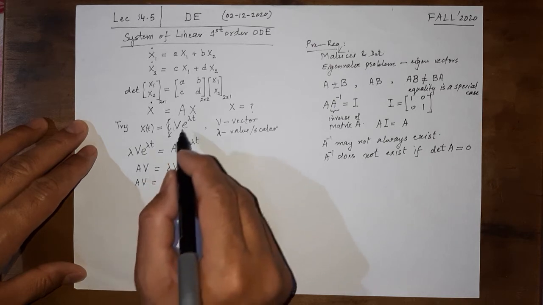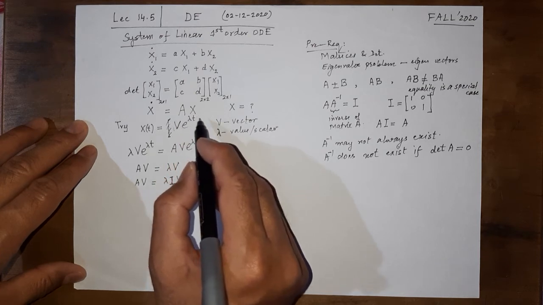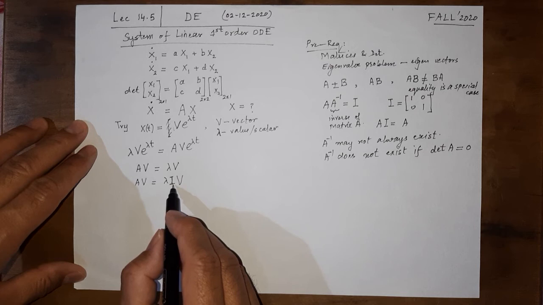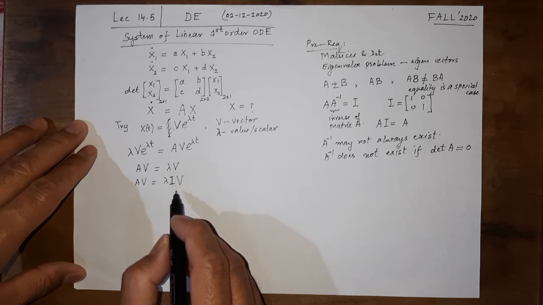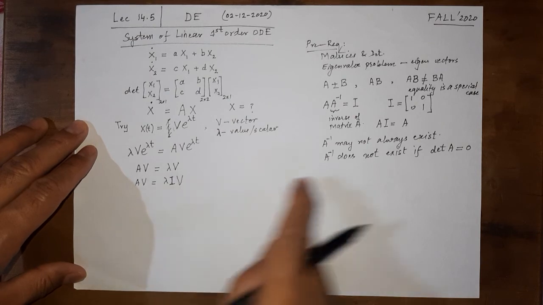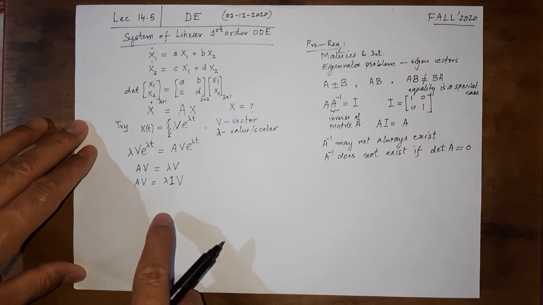And we know that the order of this matrix A is 2 by 2 and this is 2 by 1. So this identity matrix is assumed to be a 2 by 2 identity matrix. Identity matrices are only for square matrices. They have diagonal elements to be 1 and the other diagonal to be 0.